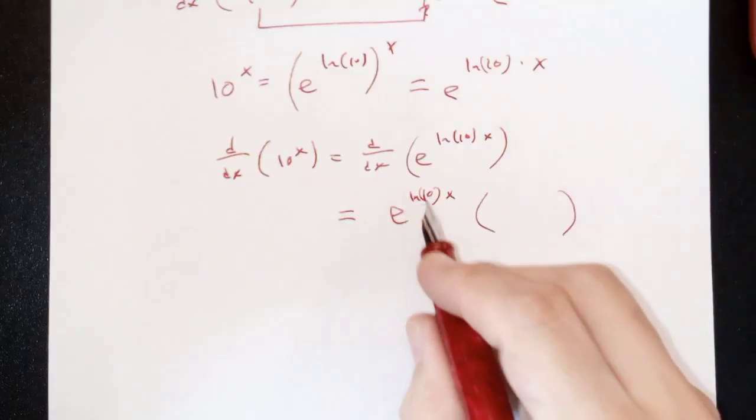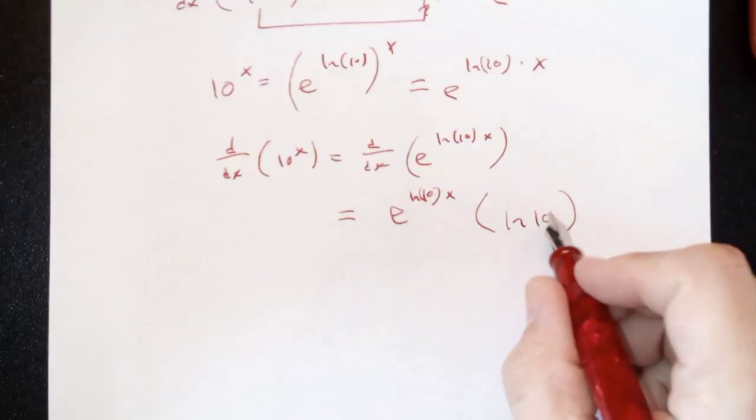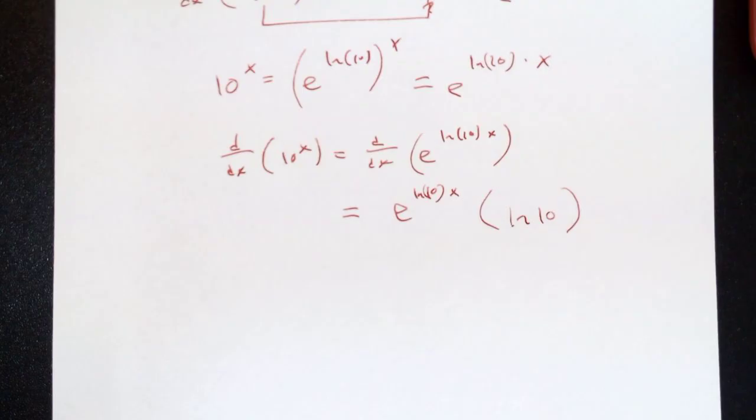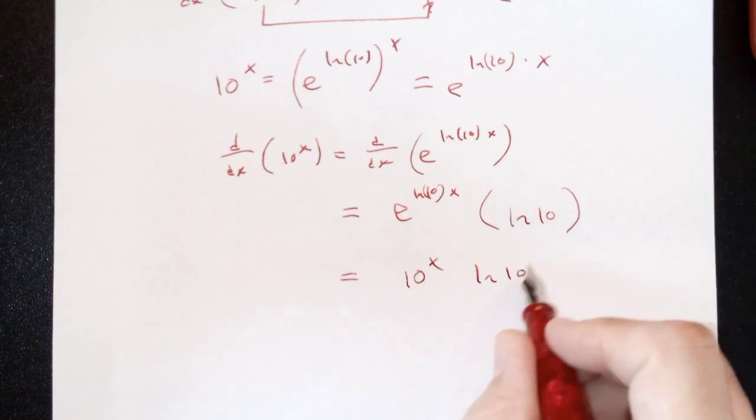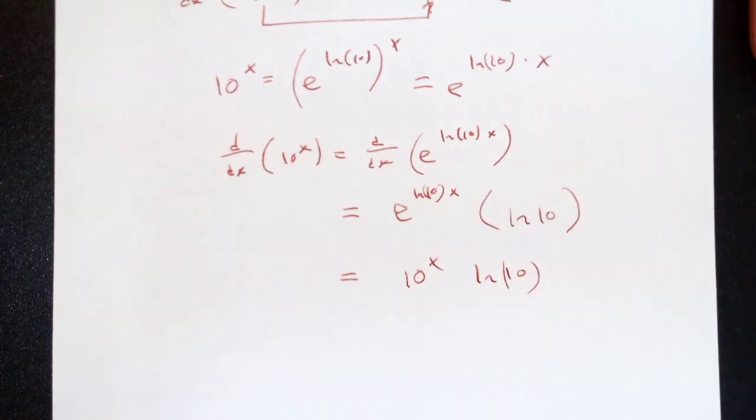The derivative of ln 10 x is ln 10. The derivative of 10 to the x is 10 to the x times the ln of 10. There's my change of base piece.